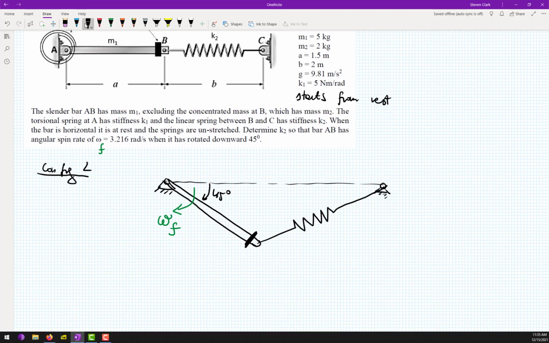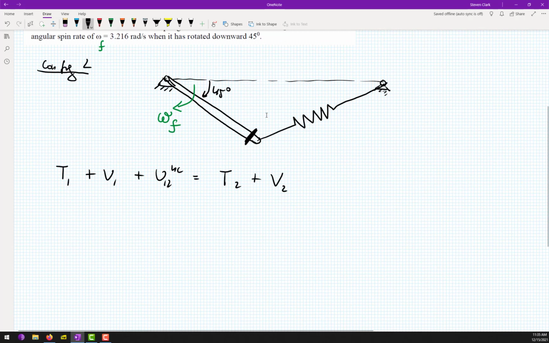So without much thinking, I'm going to write T1 plus V1 plus U12 non-conservative is equal to T2 plus V2. Okay, let's find these 5 guys.